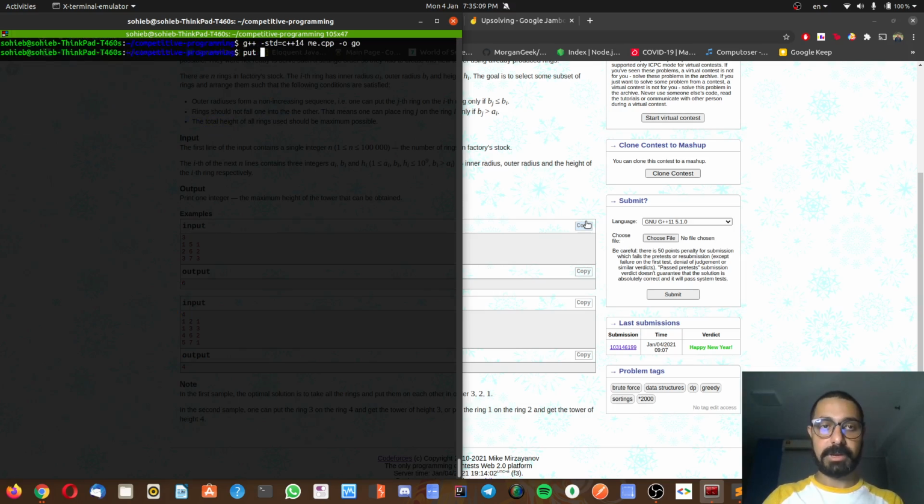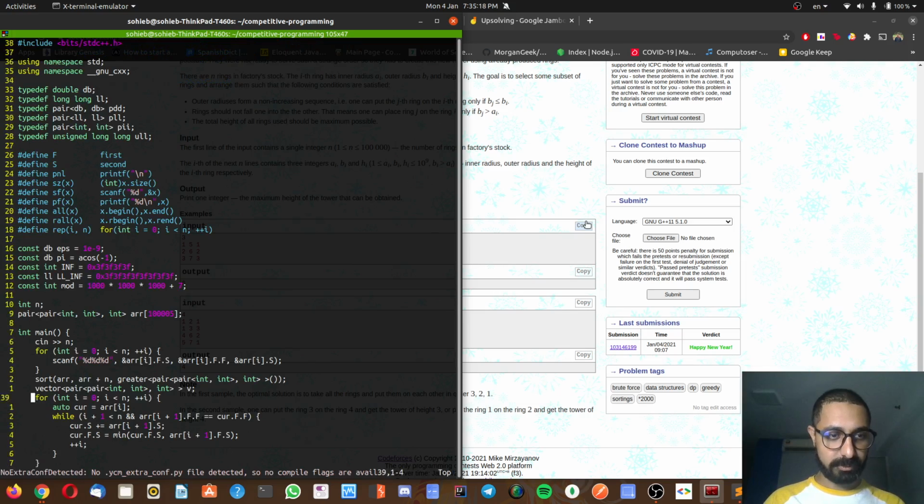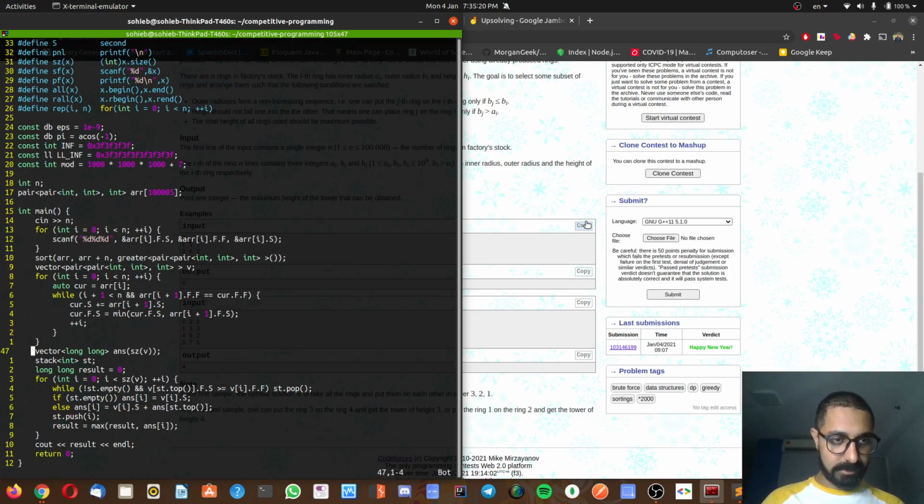That should be fine. Now put the input. The answer is 0, and that's not intended. So what did we miss? Now this is the answer, and then the stack. Why iterate over every element?